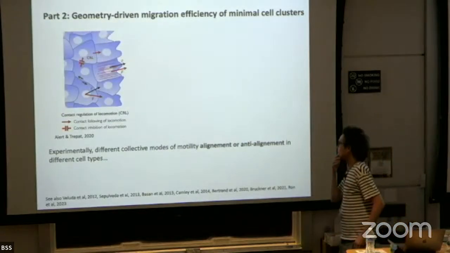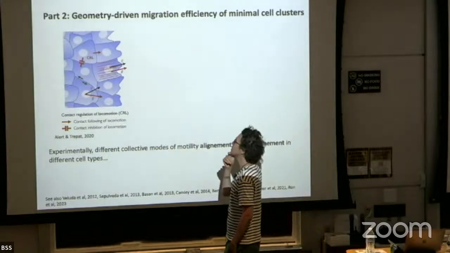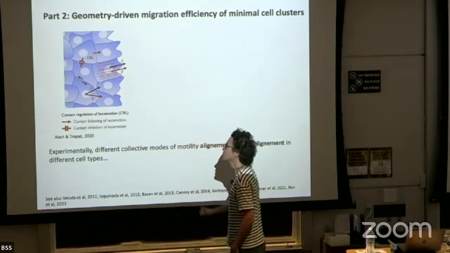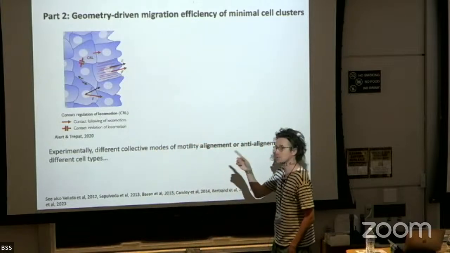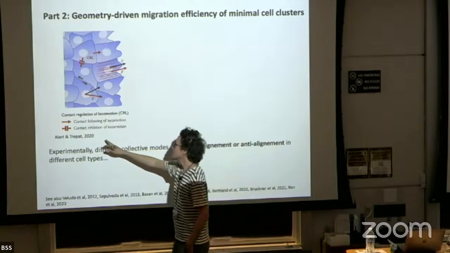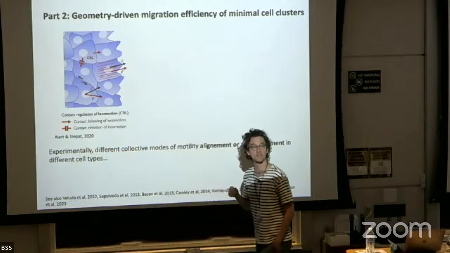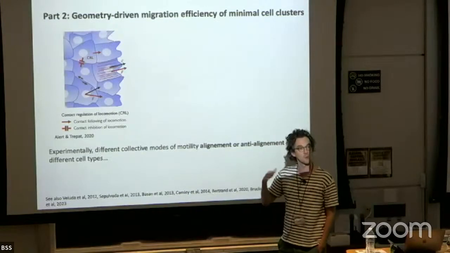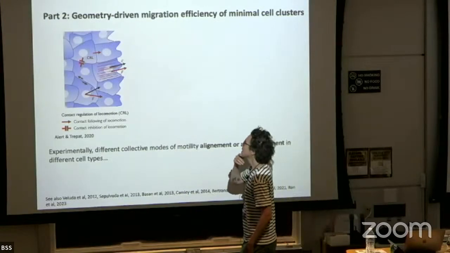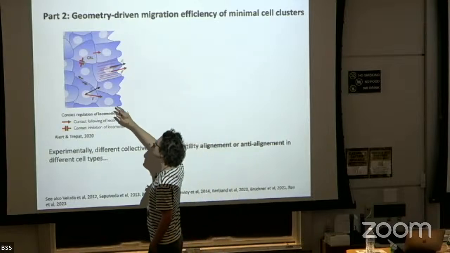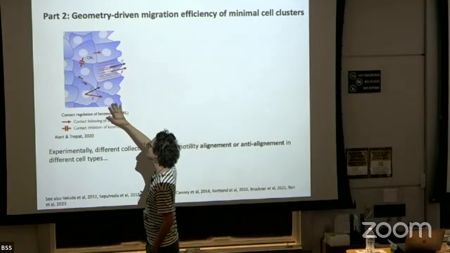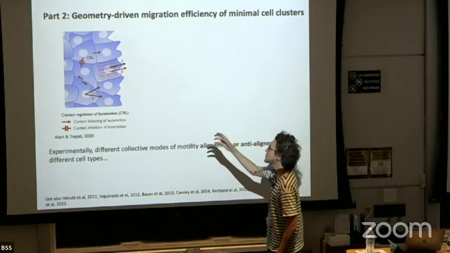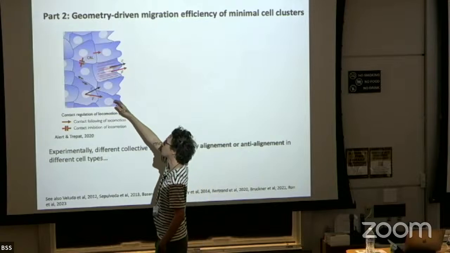In particular, this is a schematic from a really nice review from Ricard Alert and Xavier Trepat, which I think Julia also mentioned. It's a really nice review for physicists if you want to learn more about collective cell migration. It enumerates many different models at different scales. One of the key things this review makes clear is what we don't really know if we want to describe these things as polar particles.